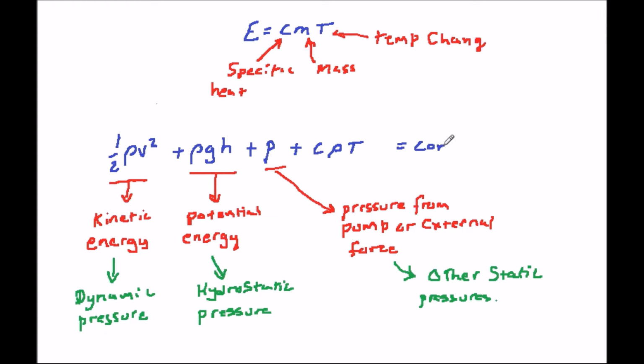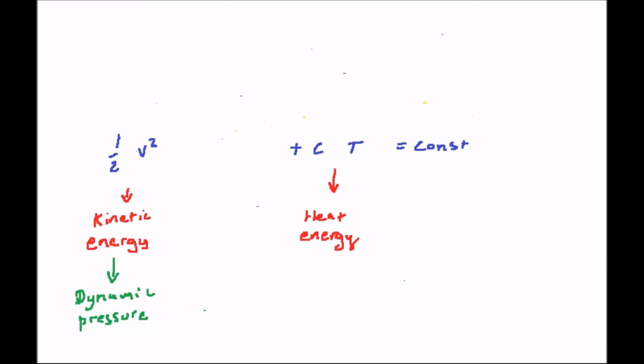If we now write down the resulting equation and ignore some of the smaller energies which have little effect in fast flows, for example the potential energy, and divide through by ρ, we get the following equation. V squared divided by 2 plus cT is equal to a constant.